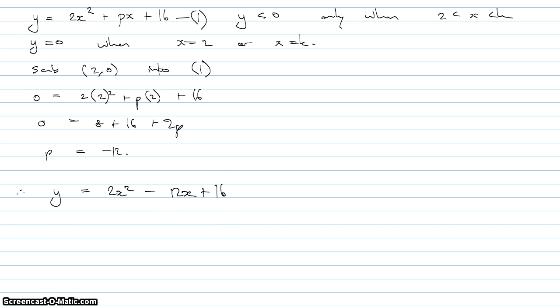And we're going to sub in x equals k, y equals 0. And what do we get? Well, we get 0 is equal to 2k squared take 12k plus 16.